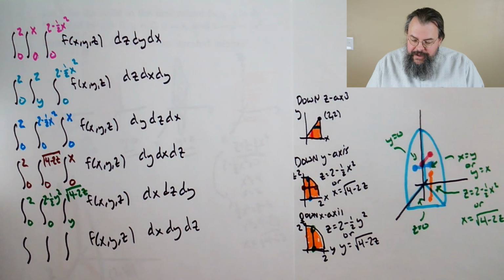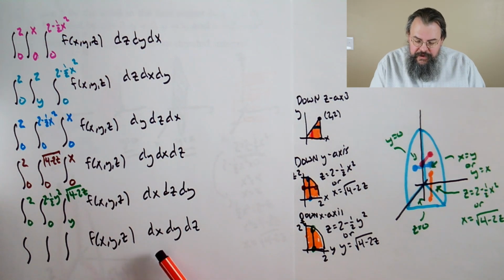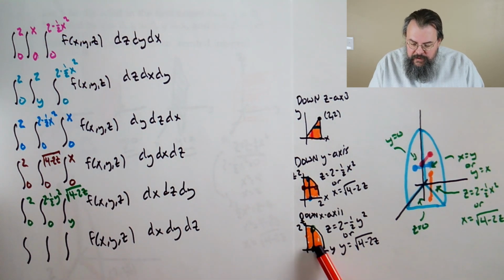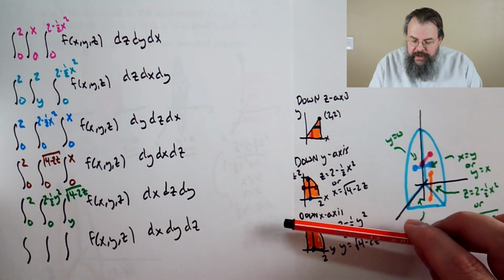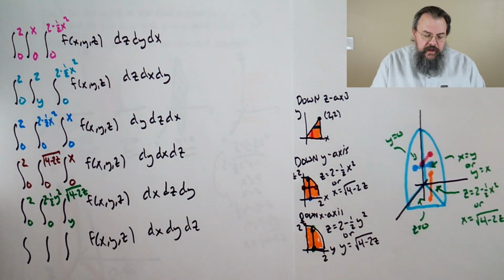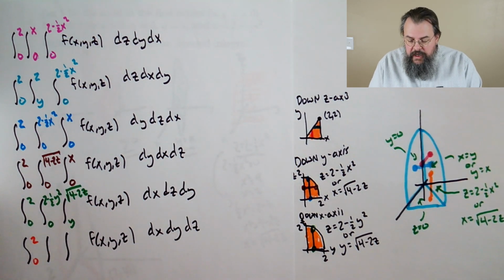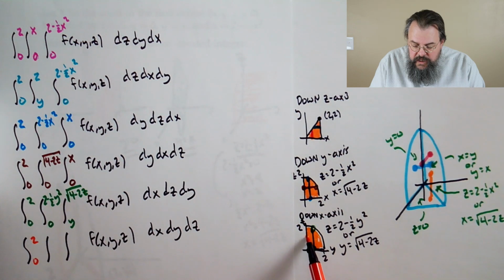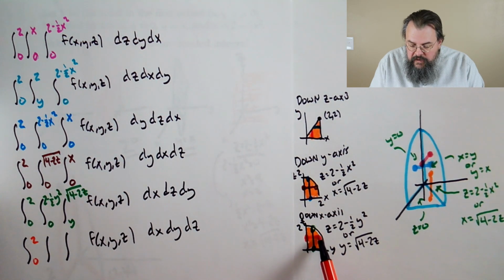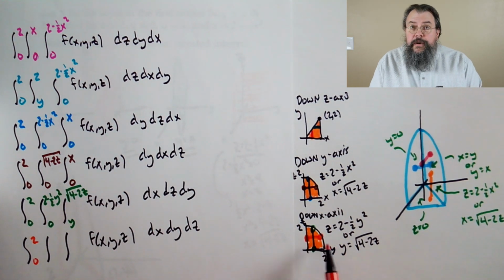So, what's the last thing? Okay, so down the x-axis, this is what we see. Say, all right, where does z go from? Low value of z to the high value of z. 0 up to 2. Okay, once you know your z, where does your y go from?